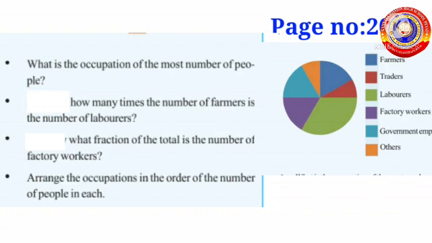Second one, how many times the number of farmers is the number of laborers? Third one, what fraction of the total is the number of factory workers? And last one, arrange the occupations in the order of the number of people in each. Let's do one by one.